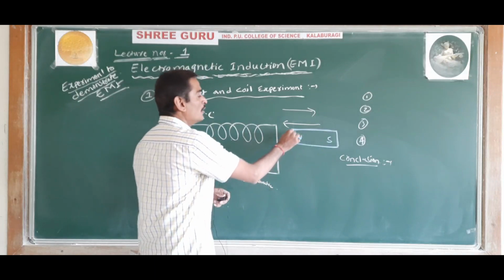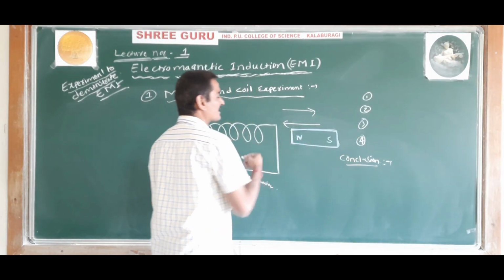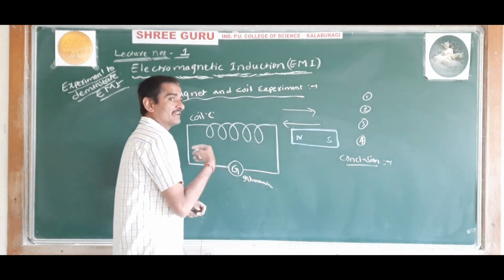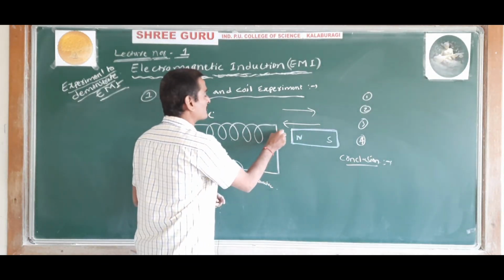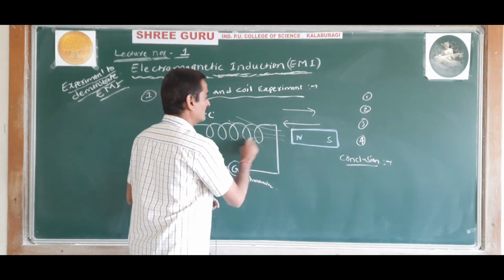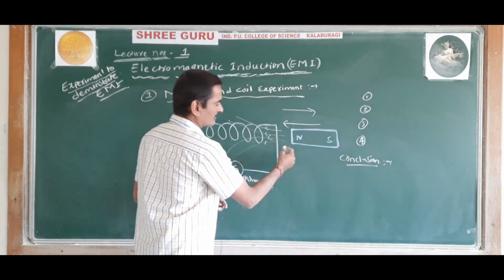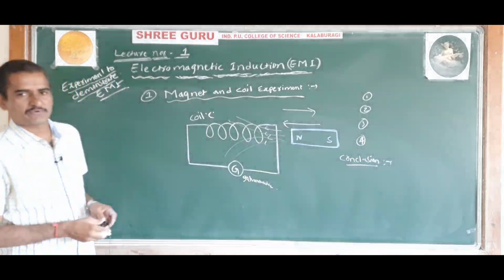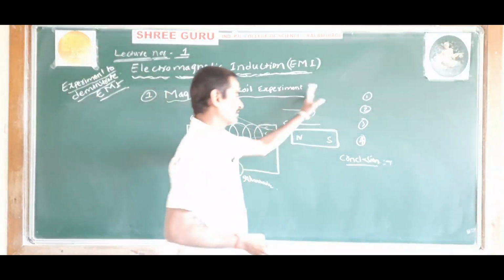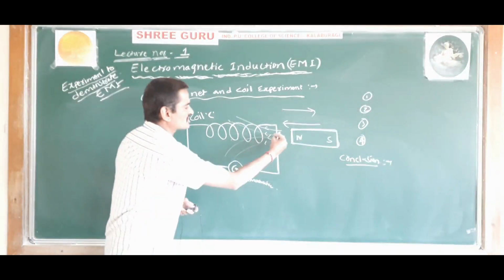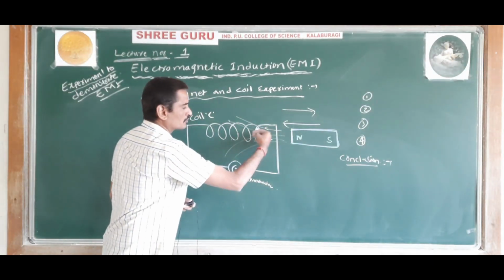Then when the bar magnet is moved towards the coil, there will be a change in the magnetic flux linked with the coil. We know that magnetic field lines are drawn around the bar magnet, and these field lines change as the bar magnet moves towards the coil.